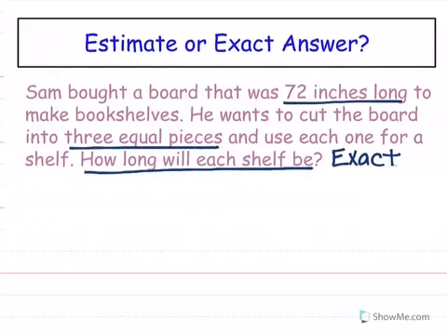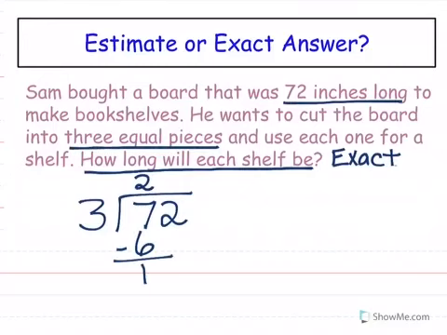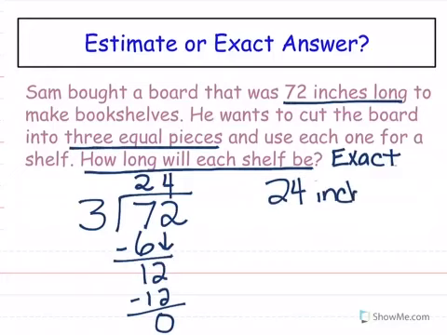So that means I need to do the math. In this case, I need to take 72 and divide it by 3. So my final answer would be 24 inches long.